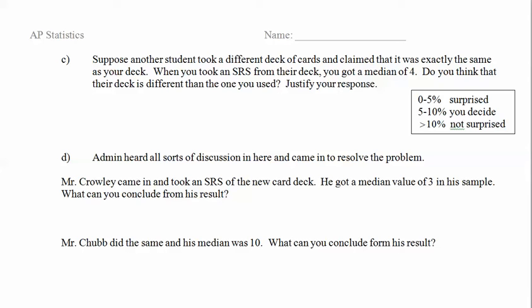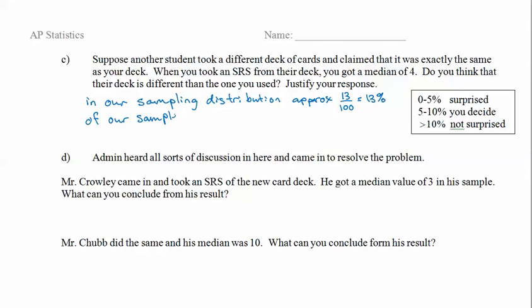In our sampling distribution, approximately 13 out of 100, or 13%, of our samples had a median of 4.